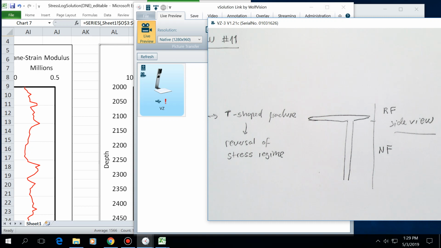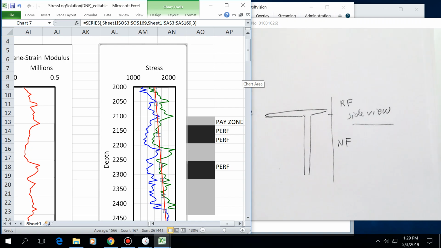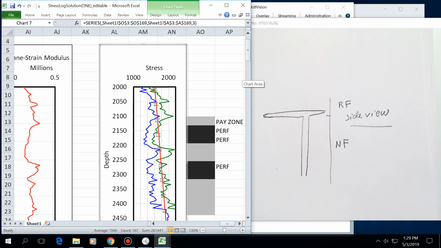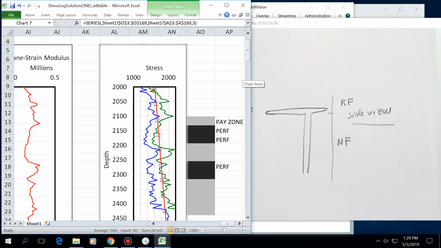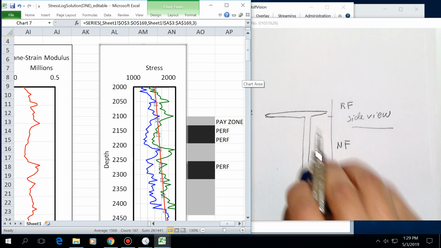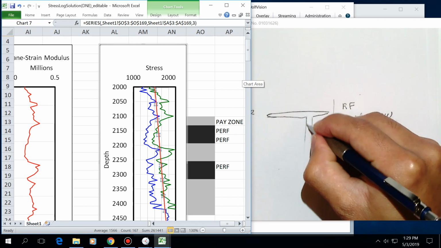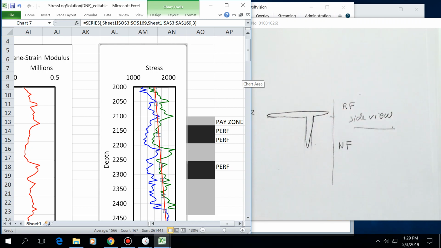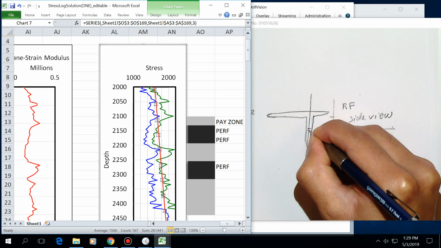Yeah? How do you look at it from the side view? So to be clear, I'm trying to line up this now with the formation, okay? Let's further assume that the fracture just grows up to here, okay? The perforations in this vertical wellbore were somewhere over here.